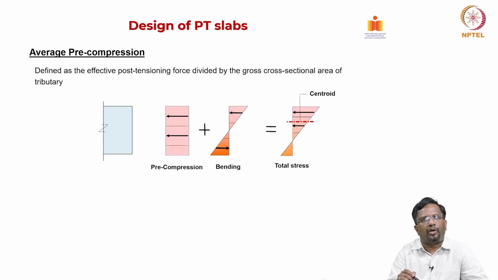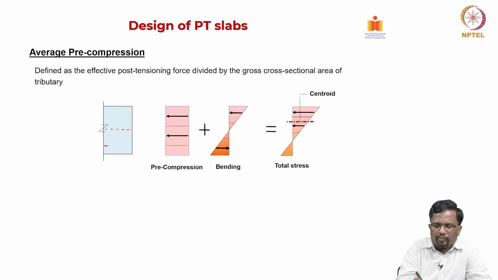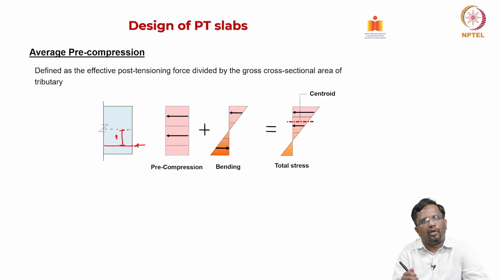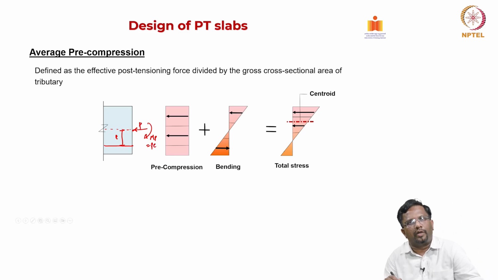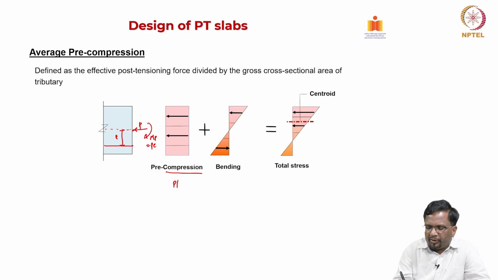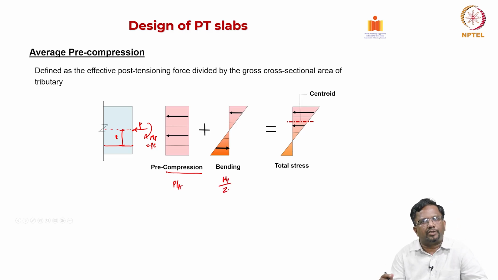So, now how do we ensure all these things? The important factor is the average pre-compression. If I have a cable like this, we always have eccentricity. So, we model that as a concentric force P plus a moment MP, which is P into E. There is going to be a pre-compression P by A, and a bending moment stress MP by Z, which varies.